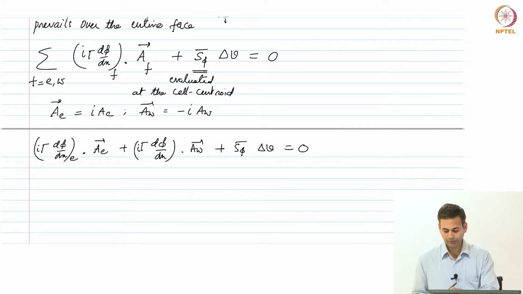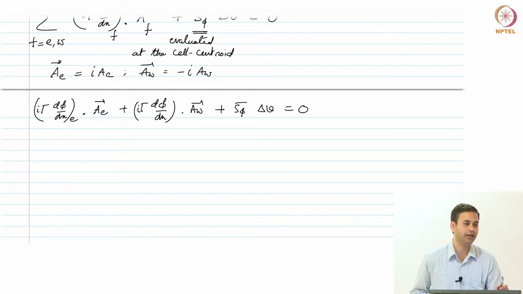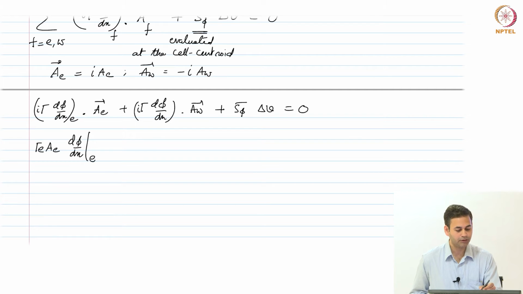Now, if we plug in A east bar as i A e, we are going to get gamma east A east d phi dx evaluated on the east. Then from the second product, A west bar would be minus i A w, so this would give you a minus gamma west A west d phi dx evaluated on the west face, plus S phi bar times delta V equals 0.